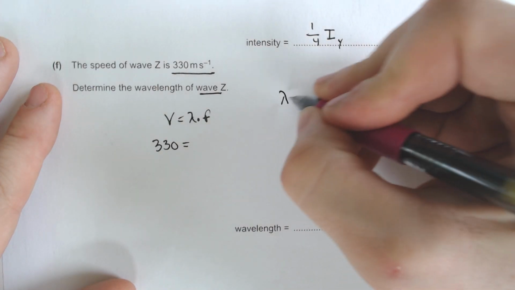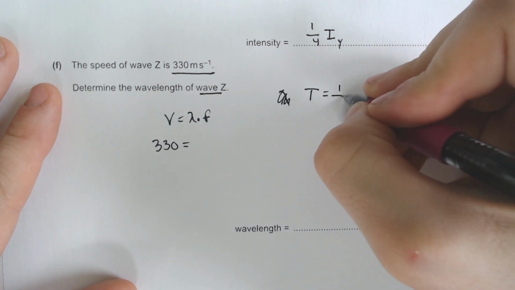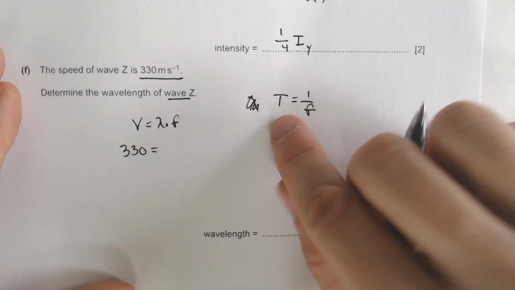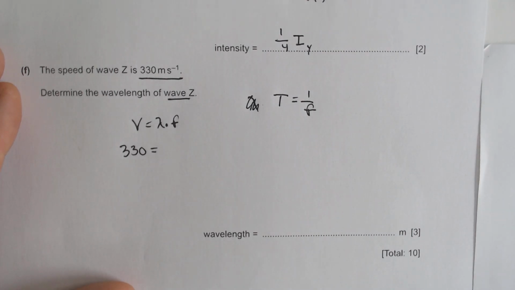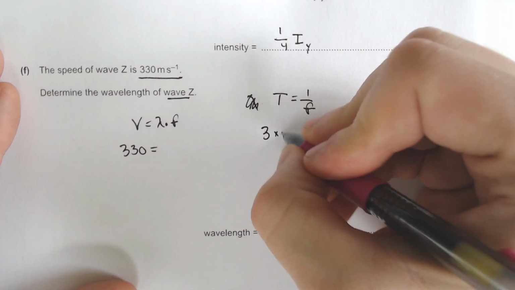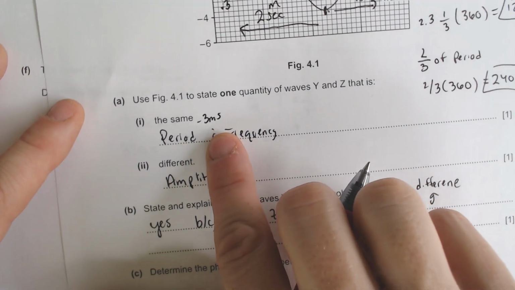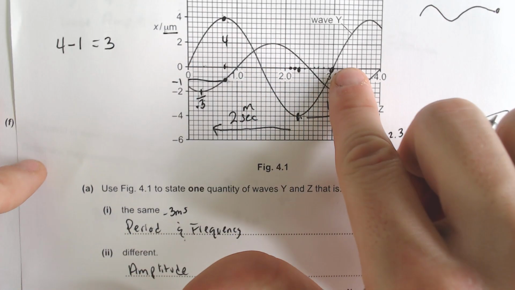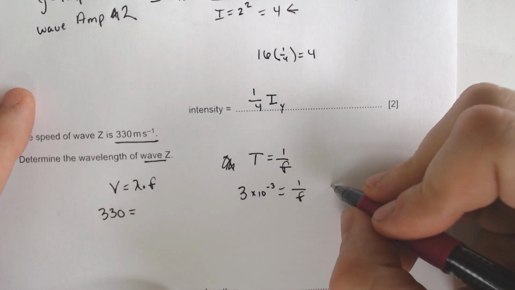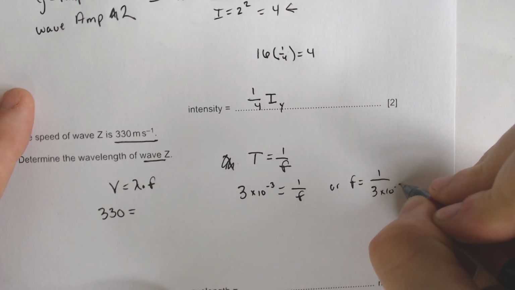Remember that period is equal to 1 over frequency. So we have a period of 3 milliseconds. So that would be 3 times 10 to the negative third. Remember how before I said 3 milliseconds was the period from here all the way to there. So that's going to equal 1 over frequency, or frequency is equal to 1 over 3 times 10 negative third.